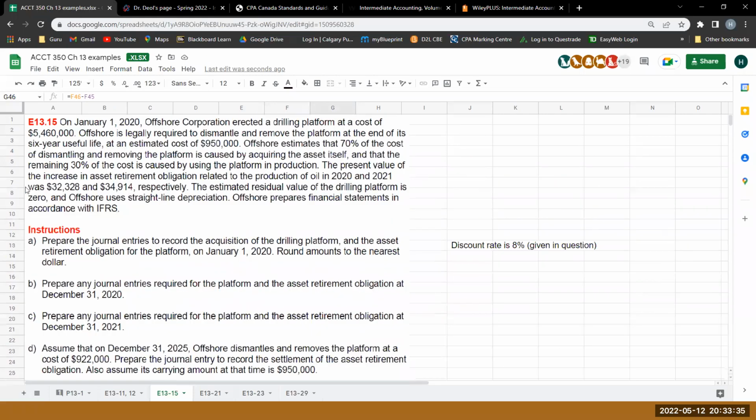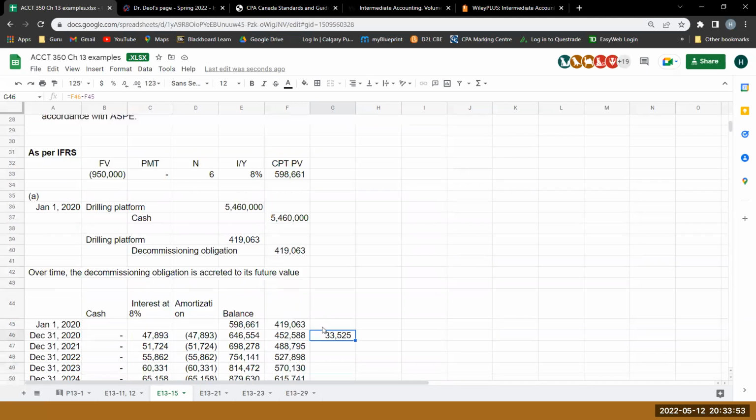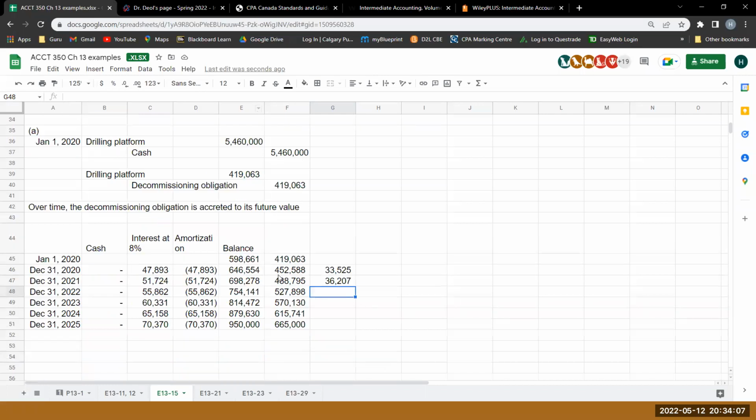That's the number they gave us here. Oh, so this is the increase in asset retirement obligation related to production. This is how much is related to the asset itself. So 33,525 will be because of the asset, and then 36,207, 70% of the change in the liability, that's going to be for the next year.